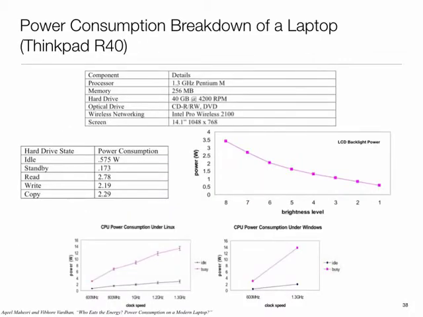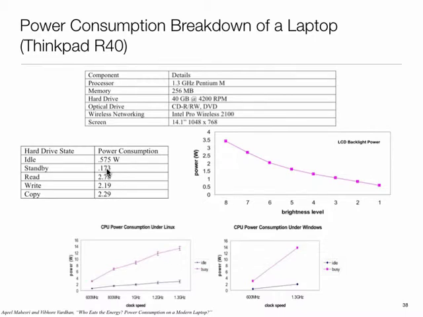This is for an older laptop, and there are other things which come into play out here. As you can see, this is Pentium M class stuff. Hard drive, one thing that you would see is that you could put the hard drive into idle or standby mode.